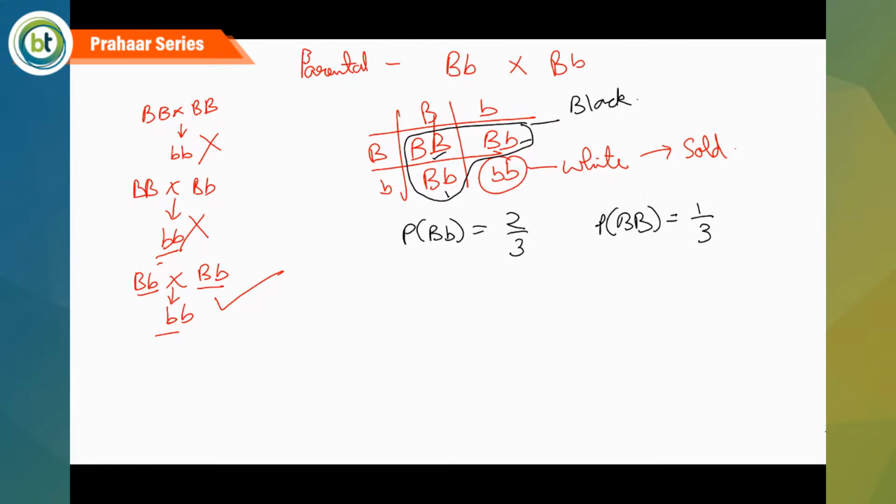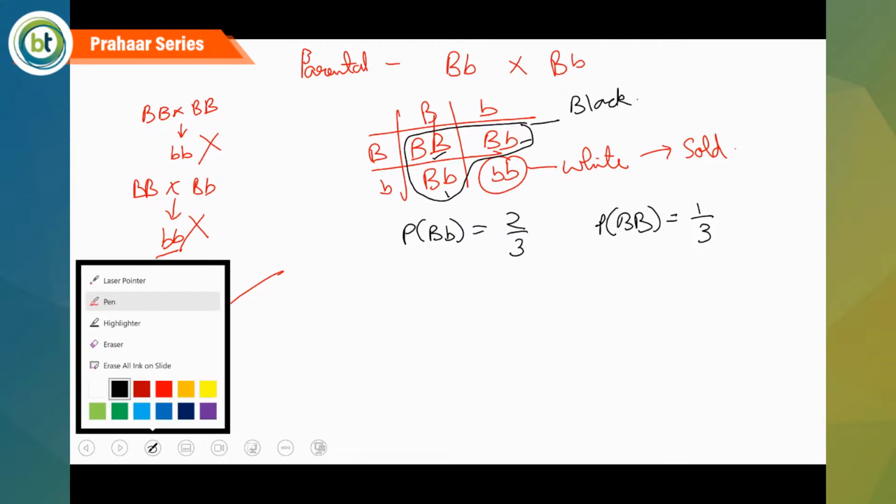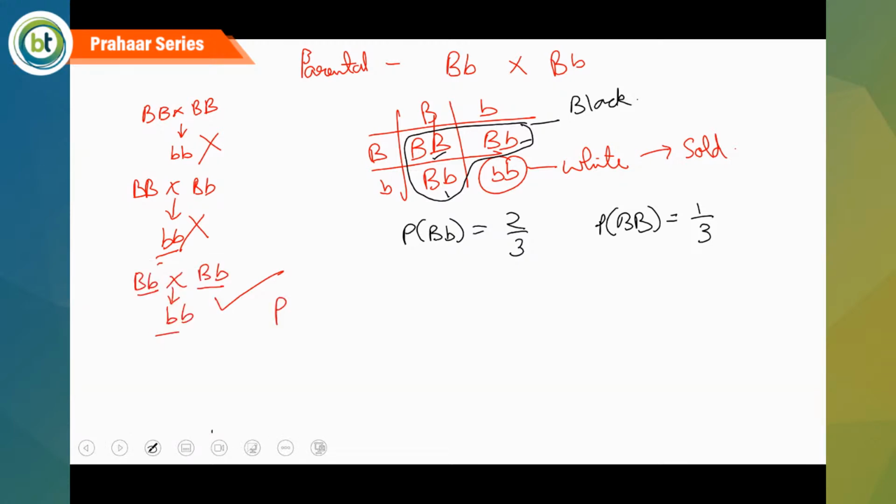So now if he wants to grow a white rabbit, there are 3 events that need to be taken care of. What will be the probability of F2 white? For F2 white, first, one F1 that is taken is heterozygote.